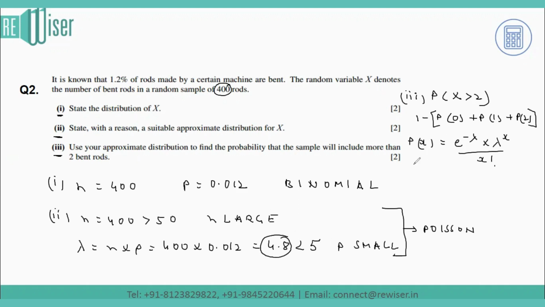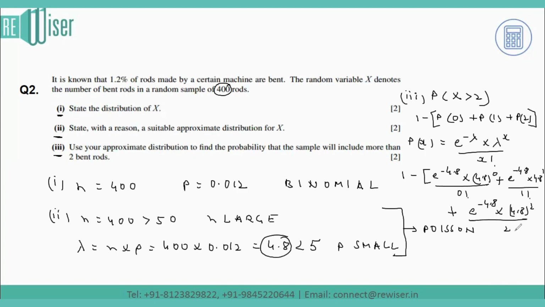So I'm writing 1 minus, calculating it for P(0): e to the power minus 4.8 into 4.8 to the power 0 divided by 0 factorial, plus e to the power minus 4.8 into 4.8 to the power 1 divided by 1 factorial, plus e to the power minus 4.8 into 4.8 squared divided by 2 factorial.